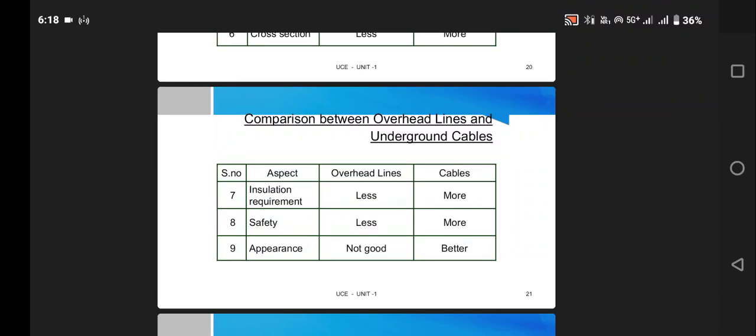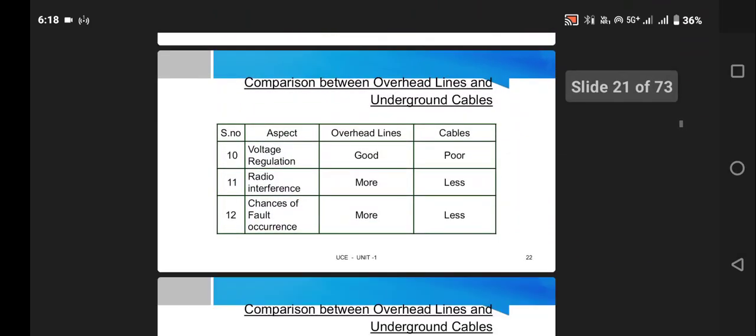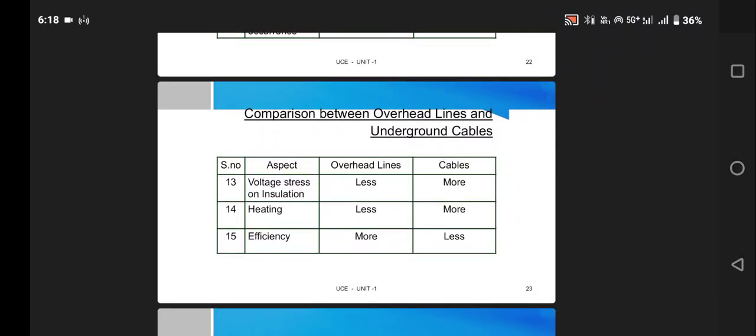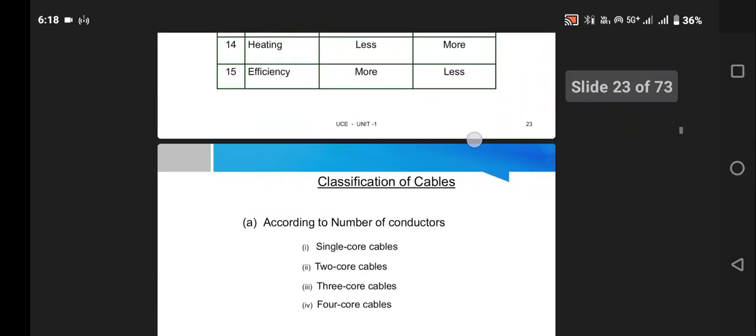Seventh, insulation requirement. Eighth, safety. Ninth, appearance. Tenth, voltage regulation. Eleventh, radio interference. Twelfth, chances of fault occurrences. The thirteenth aspect is voltage stress on insulation. Fourteenth, heating. Fifteenth, efficiency.